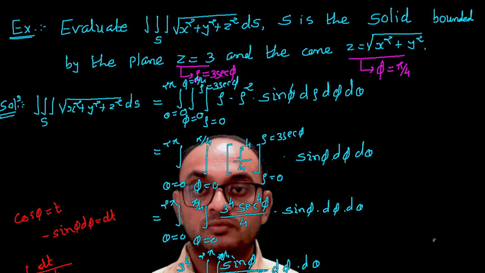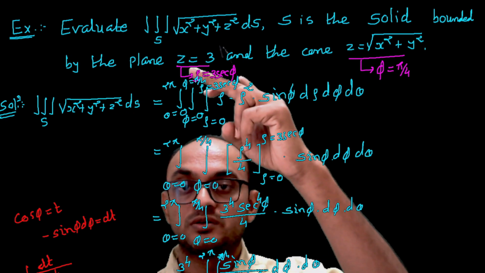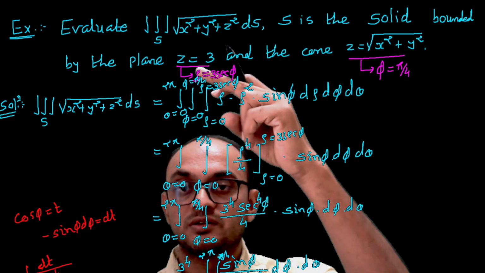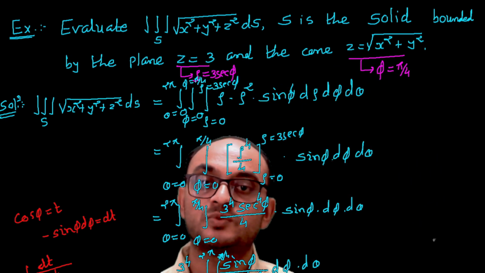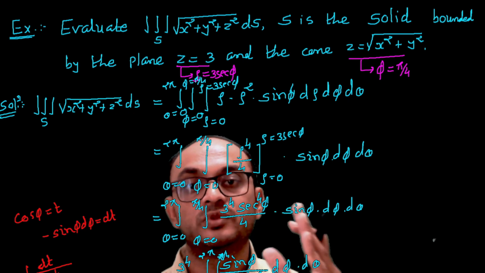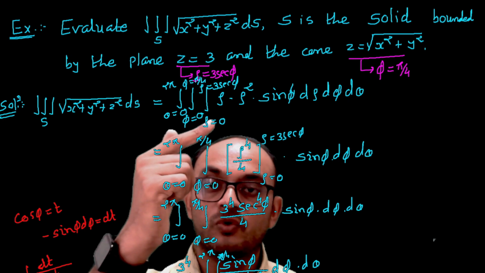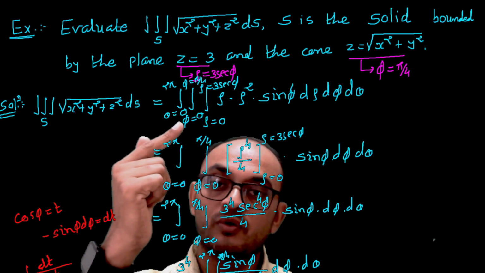I repeat, the most important thing in this exercise is how we convert. First, write z equal to 3 and z equal to under root x square plus y square in terms of rho, theta and phi. Then the limit of rho is 0 to 3 sec phi, then the limit of phi.